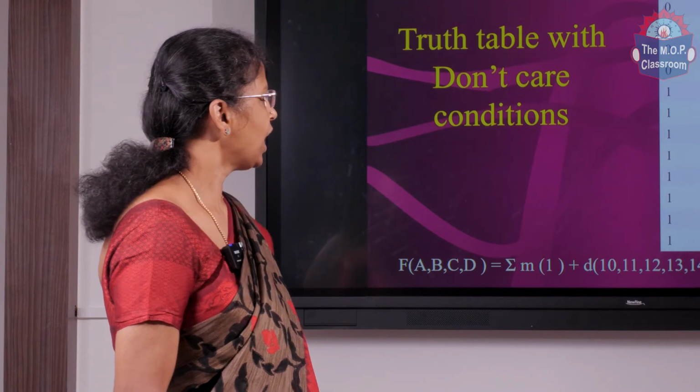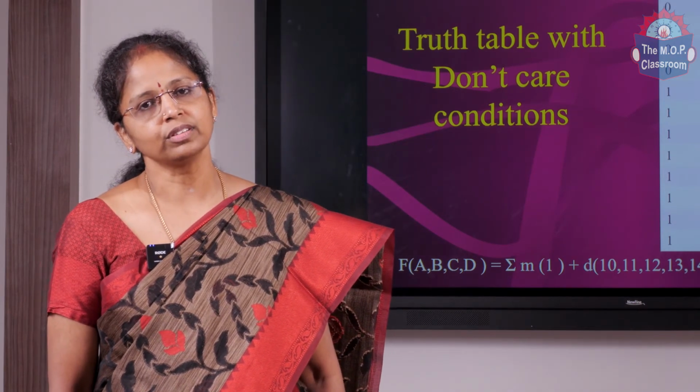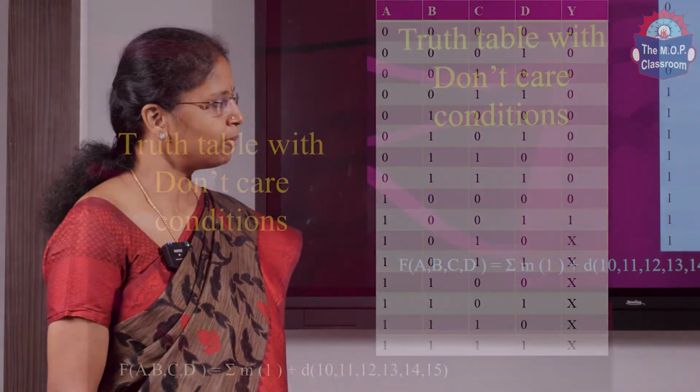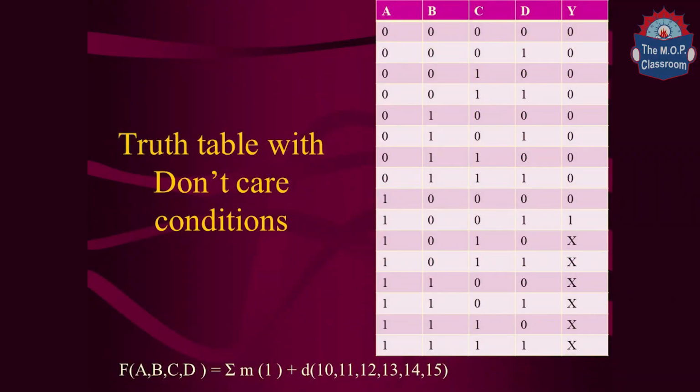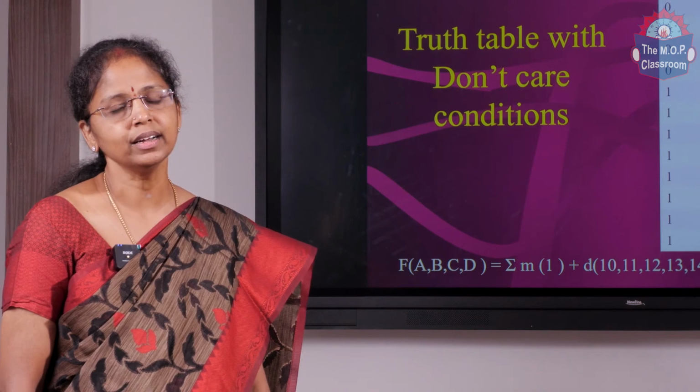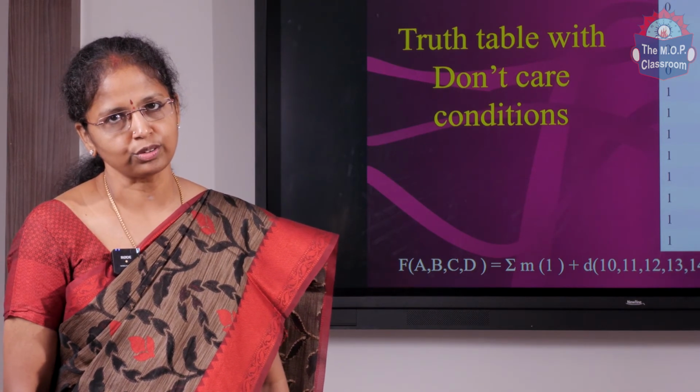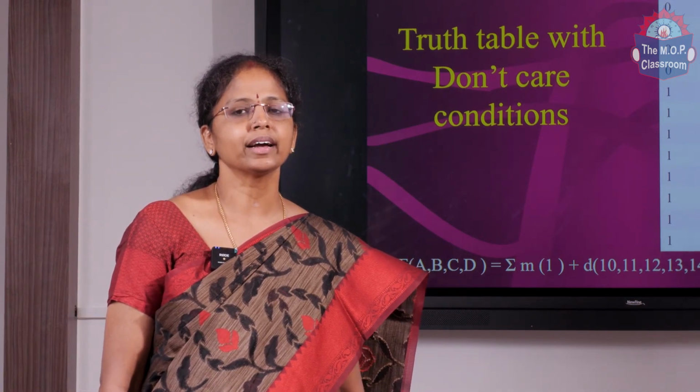Now, we will see how to design a logic circuit with don't care conditions. Before that, see the change in the Boolean function: f of a, b, c, d is equal to summation m, plus we have included the don't care conditions also.